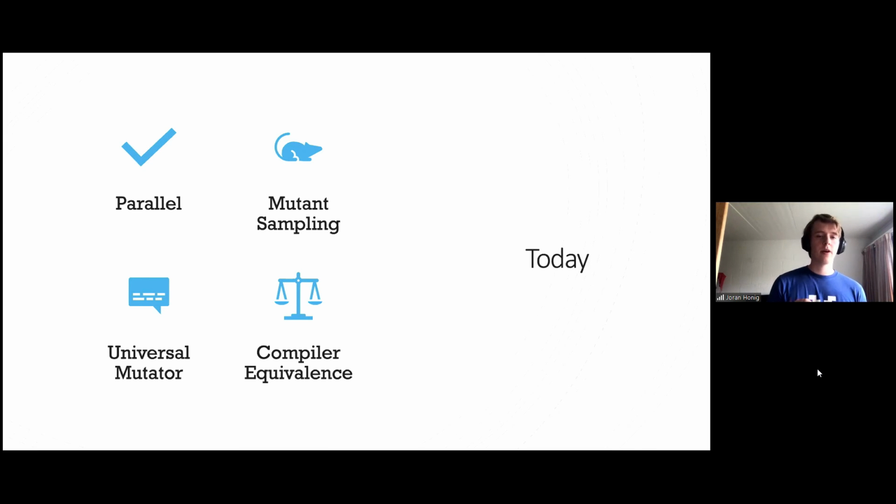So the mutant is applied on the source code level, not on the bytecode level. And once the two contracts are compiled, we will compare the bytecodes. And assuming that solc doesn't have any bugs, we can know that if the two bytecodes are the same, there is no difference in the meaning between the two contracts, that they are semantically equivalent. And what that means is that we know that there's no actual difference between the two, and that the mutant must therefore be equivalent, or an equivalent mutant.